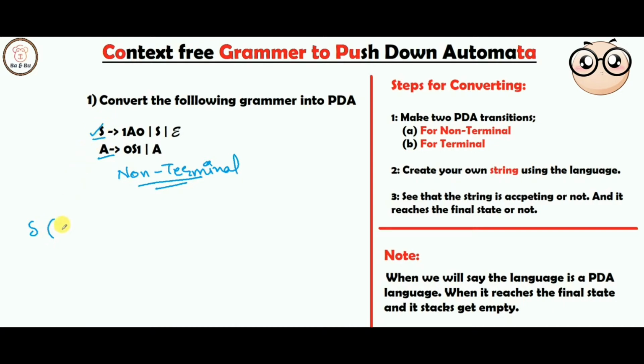So it will be like this: q, epsilon, S. First I'm going to make it for S because it is the starting state.